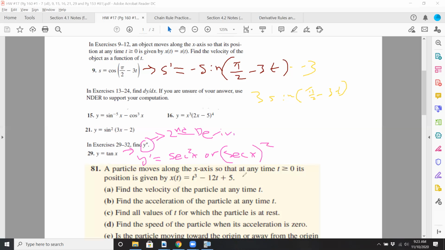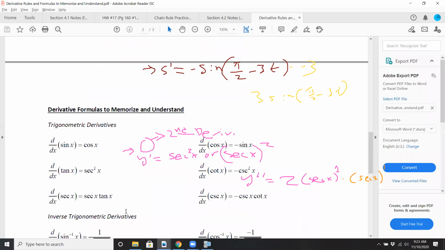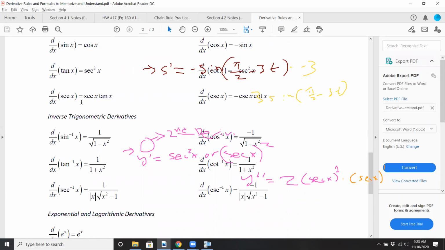Then you've got to do it again. Another derivative. So you move the 2 to the front, keep secant x intact, drop the exponent by 1, so that becomes raised to the 1 power, and then times derivative of the inside. Times derivative of secant x. And we have, remember, our rules. So don't worry if you don't have these memorized, that's okay. Boom, there we go. Secant x, tan x, that's it.